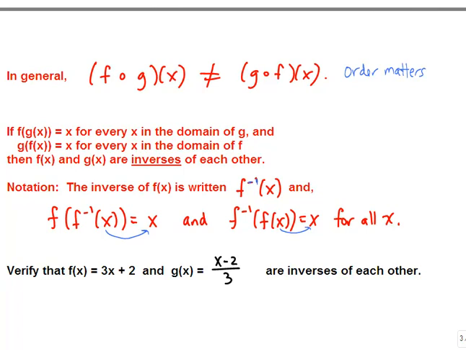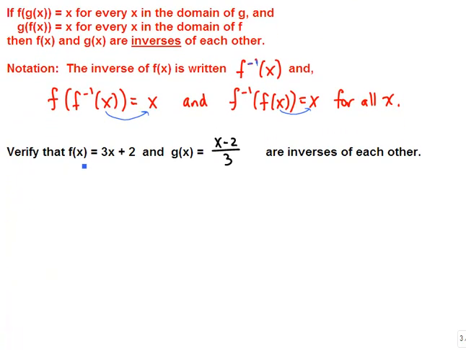Okay? So for example, if I gave you these two functions, f of x equals 3x plus 2, and g of x equals (x minus 2) over 3, let's prove or verify that they are really inverse functions of each other. So what we have to show is that f composed with g, the inverse, should give us back x, and g composed with f should give us back x.